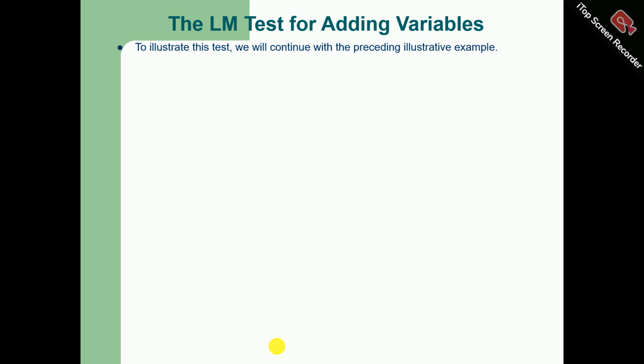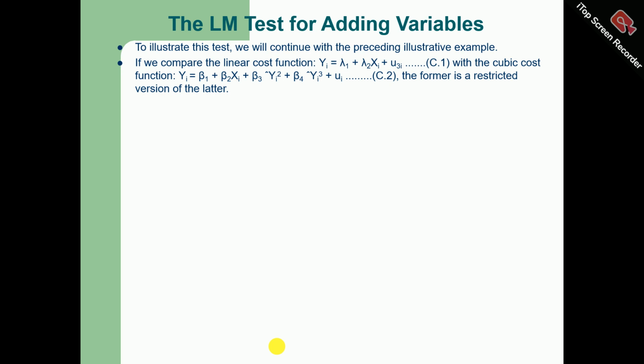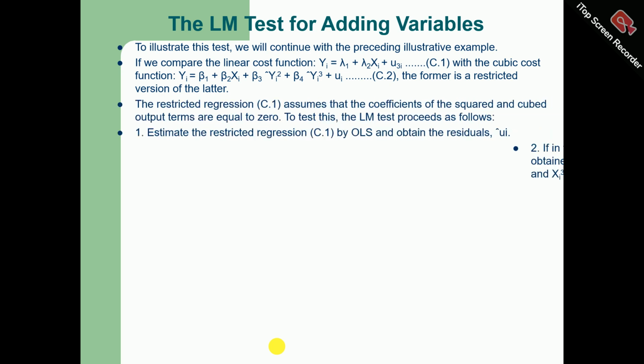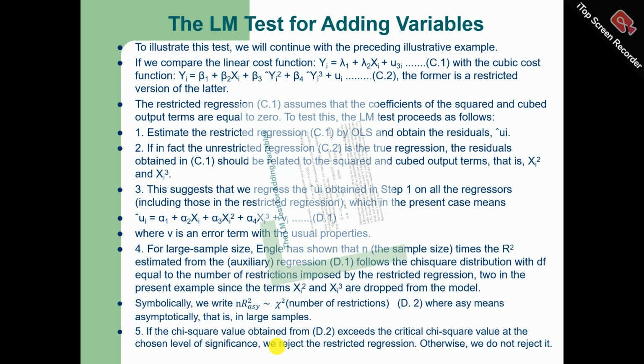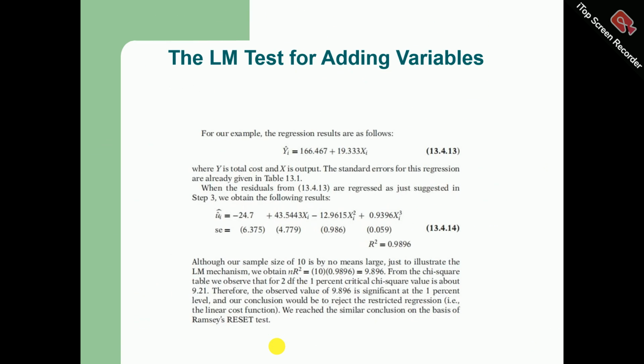To illustrate this test, we will continue with the preceding example. This is exactly the same, and here we have shared with you the results of the restricted regression. These are the results from the regression of ui hat on all these variables, and this is the R square.